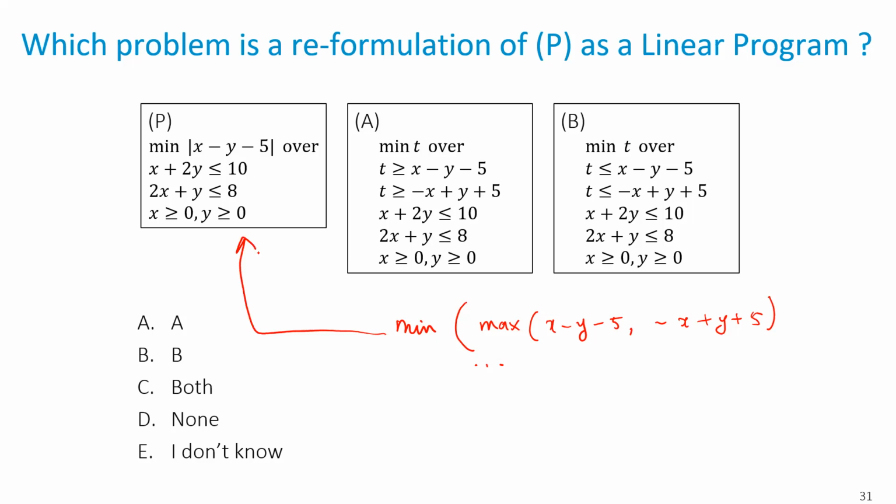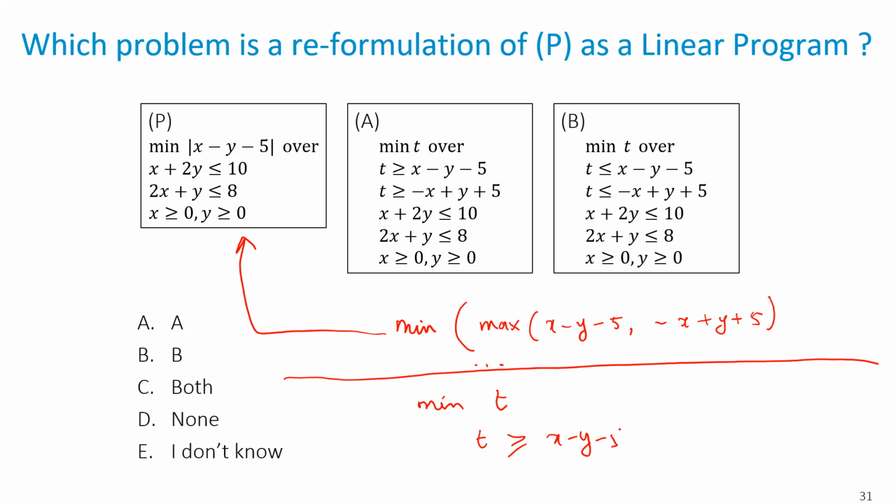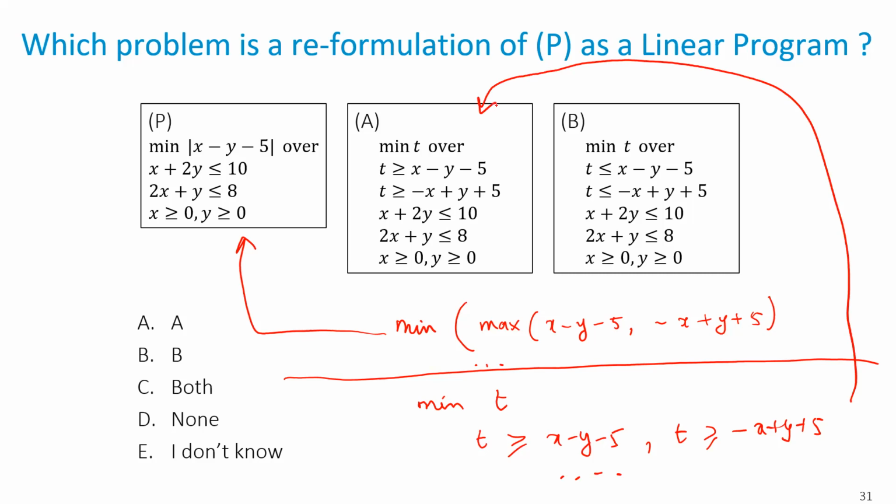And what we are saying is that in order to solve this, what you can do is replace the max by an additional variable t and add the constraints that t must be larger than x minus this, and t must be larger than minus x plus y plus 5, and the other constraints, and that is exactly the formulation A that we have here.